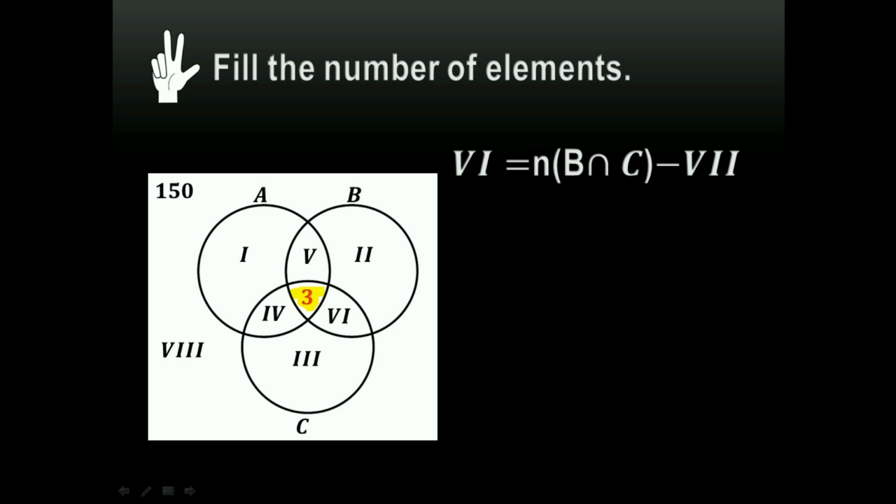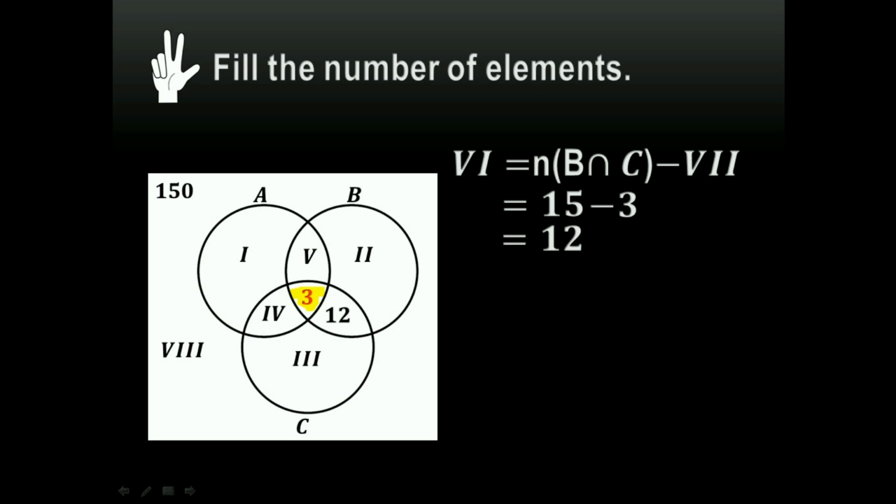Next, for region 6, it is the intersection of B and C. We have to discard the A. So just focus on B and C, the intersection there, minus the intersection of the 3. So this part is n(B intersection C) minus region 7. n(B intersection C) was given as 15, minus 3, we have 12.